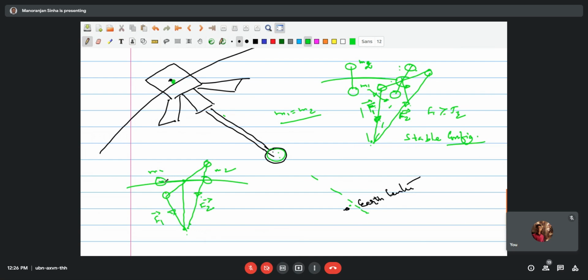So once disturbed, this configuration will go and acquire a position like this. So this will move this way. This is therefore an unstable configuration, and this is a stable configuration. So this way we can analyze.